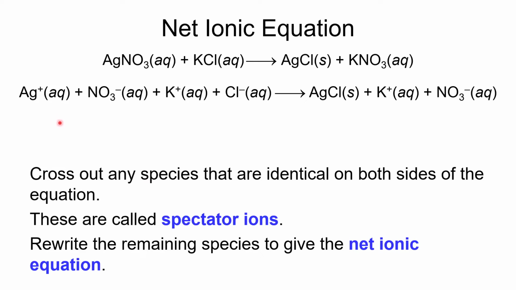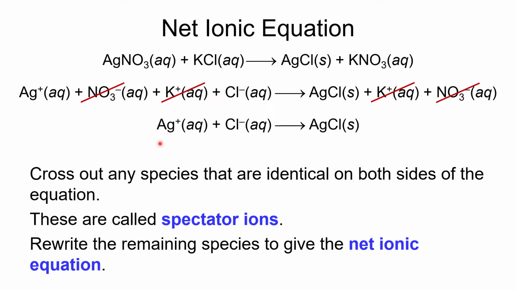So our spectator ions here are clearly nitrate is the same on both sides, so we'll cancel those out, and the potassium ions are the same, so we will cancel those out. And what we're left with is Ag+ plus chloride gives us silver chloride. What's nice about the net ionic equation is that it tells us what changed.